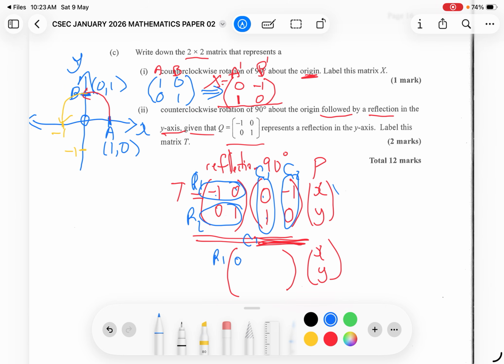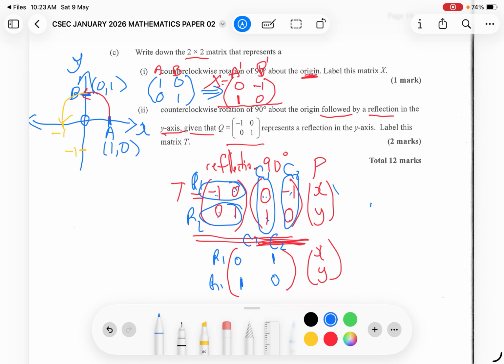I'm going to go to row 1, column 2 here. Negative 1 times negative 1 is a positive 1. 0 times 0 is 0, so that's positive 1. Row 2 now with column 1. 0 times 0 is 0. 1 times 1 is 1, so that's a 1 there. Row 2, column 2. 0 times negative 1, that's 0. 1 times 0 is 0.